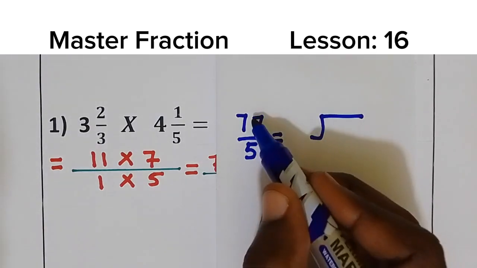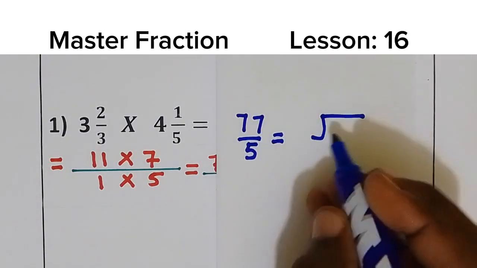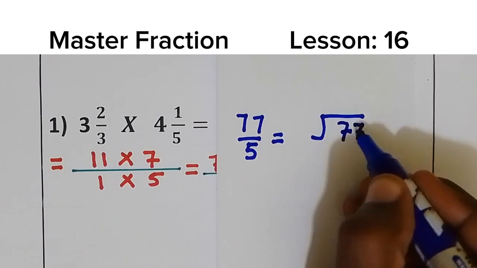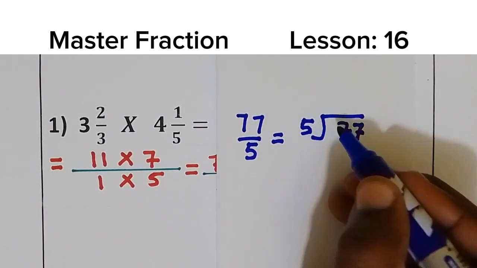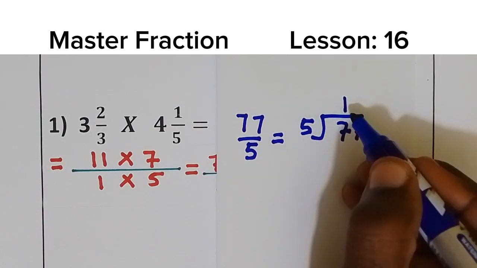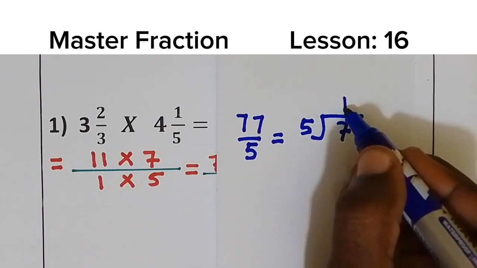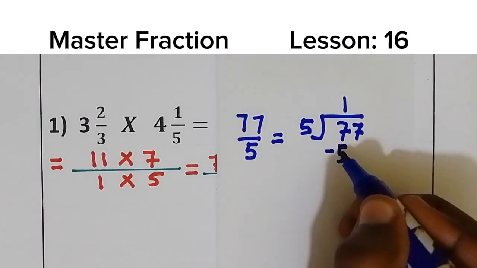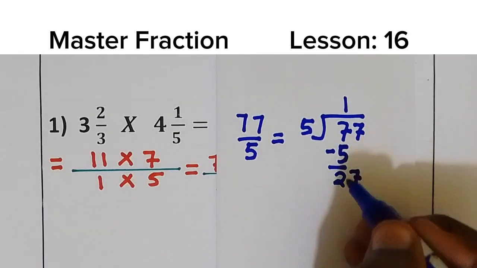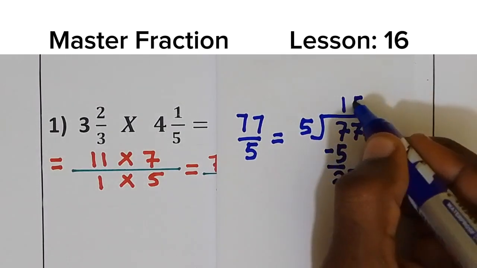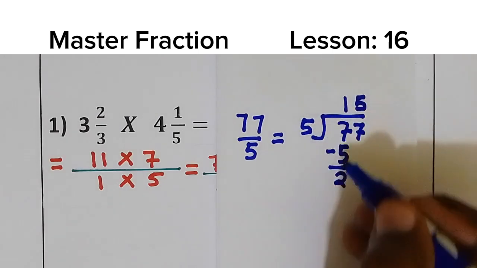Let's change 77 over 5 into a mixed number. We'll take 77, divide by 5. 7 divided by 5 goes by 1. 1 times 5, we get 5. Take away, we remain with 2. We drop 7. 27 divided by 5, it goes by 5. 5 times 5, we get 25.